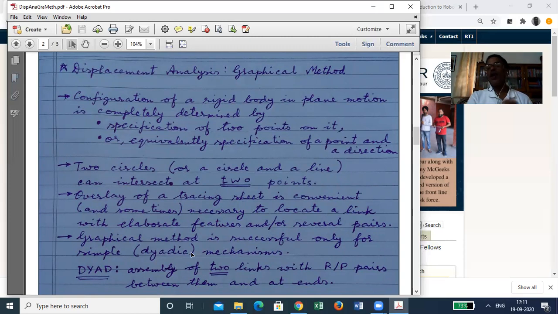And on this point, I would mention something which you will find in the textbook, the fourth point of this, which is actually prejudice. The book says that graphical method will succeed only for those mechanisms in which there is at least a four link loop.